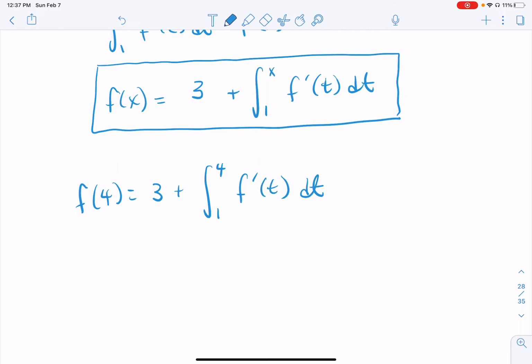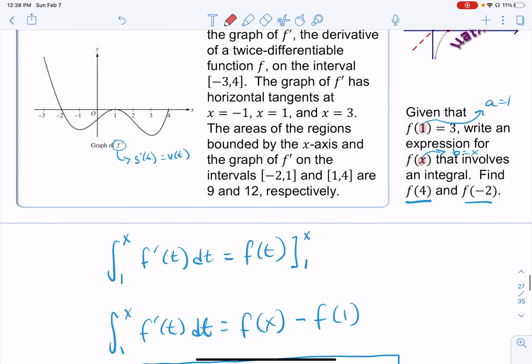Well, remember that this thing that's right here, this definite integral, is just area from t equals 1 to t equals 4. And where am I going to get that area? I'm going to get that from the graph. Let's go back to the graph that's right here, and let's do a little bit of coloring.